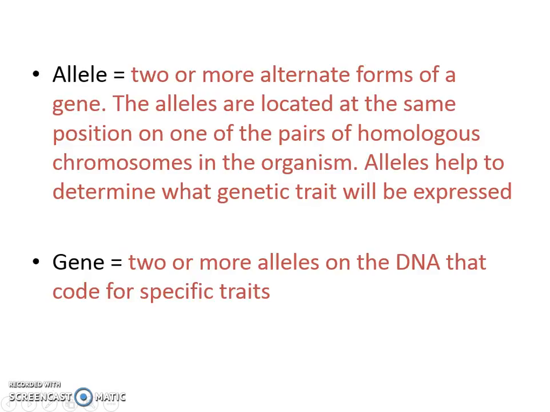When 2 individuals come together to make an offspring, each individual will donate 1 allele for a particular gene. When those 2 alleles come together in the offspring, that's what creates the gene. Then, depending on which alleles are given to the offspring, certain traits will be expressed.